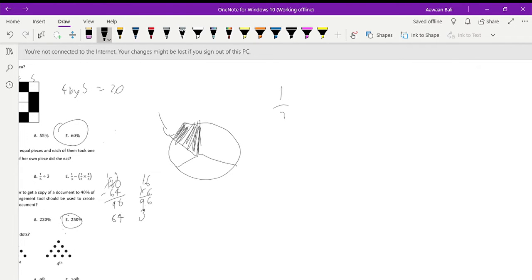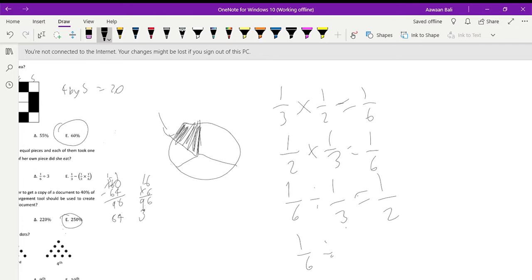Basically, fact families are how you can write equations different ways. You can say 1/3 times a half is equal to 1/6. A half times a third is equal to 1/6. 1/6 divided by 1/3 is a half, and 1/6 divided by a half is 1/3.